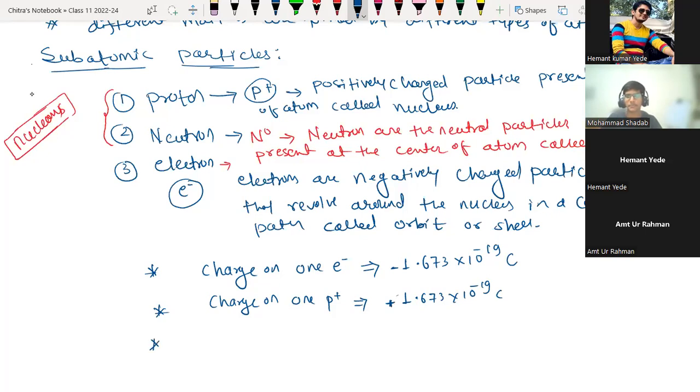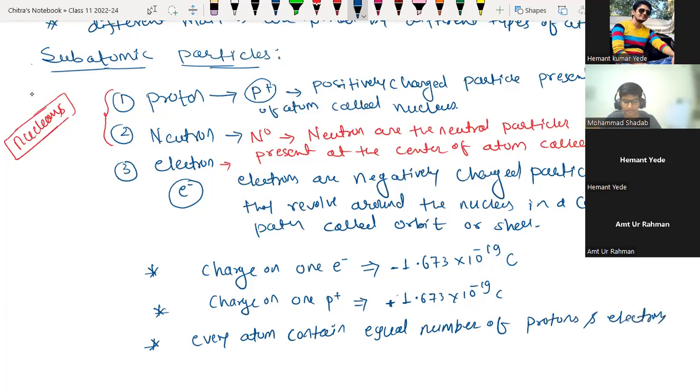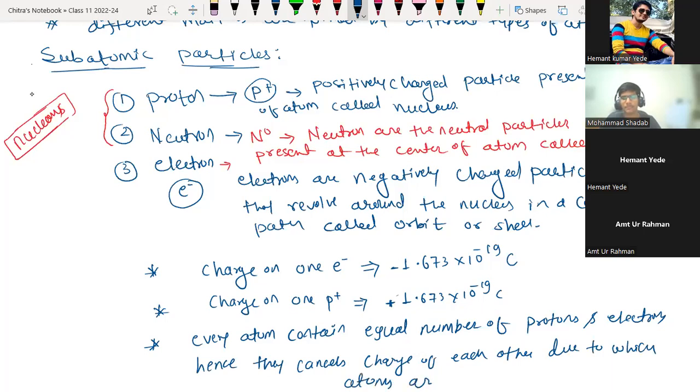So, a very important point, the third one: every atom contains an equal number of protons and electrons, hence they cancel the charge of each other, due to which atoms are electrically neutral.